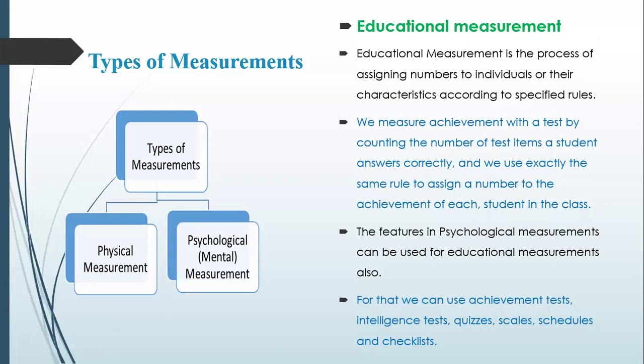We discussed all the measurement scales and types of measurements to consider about educational measurements. This is the basis for our other sessions, 2, 3, 4, 5 sessions like that.